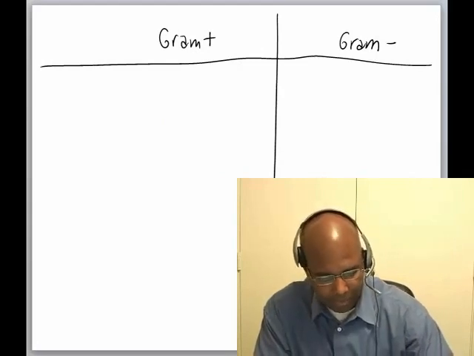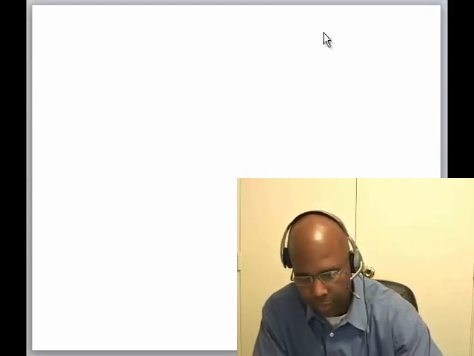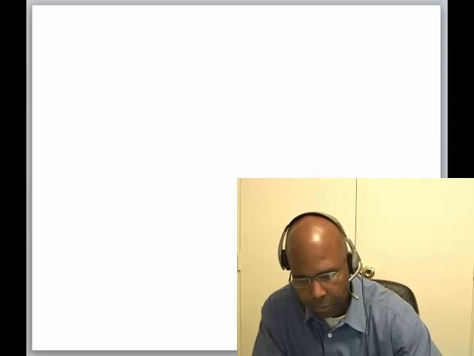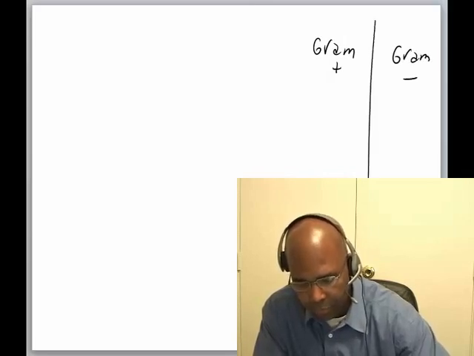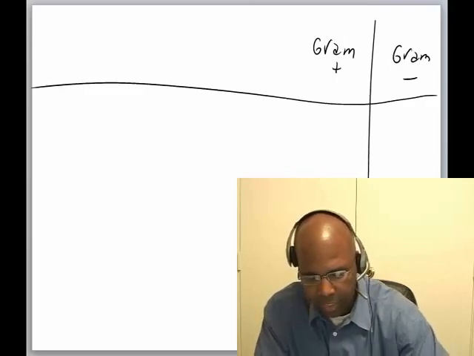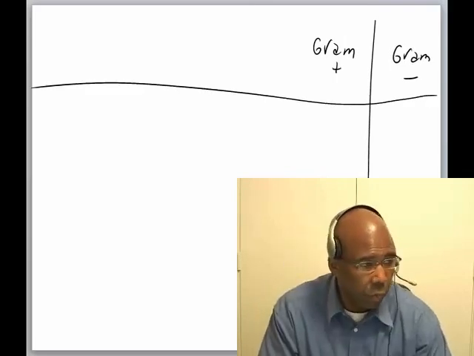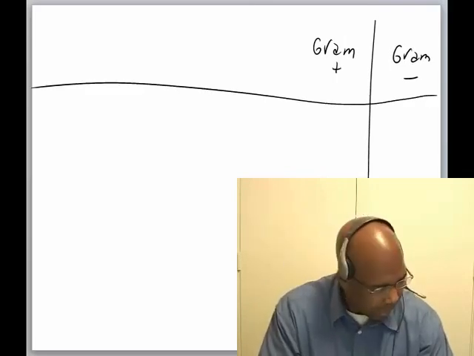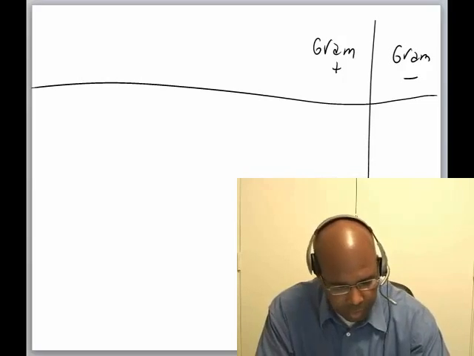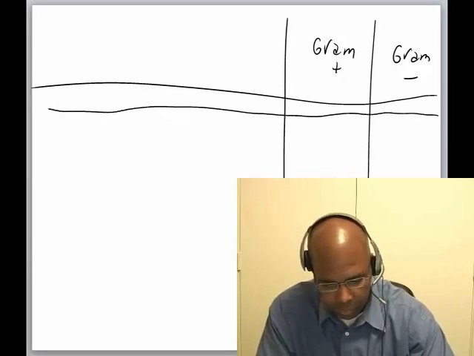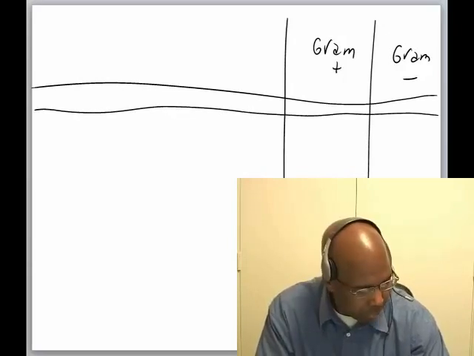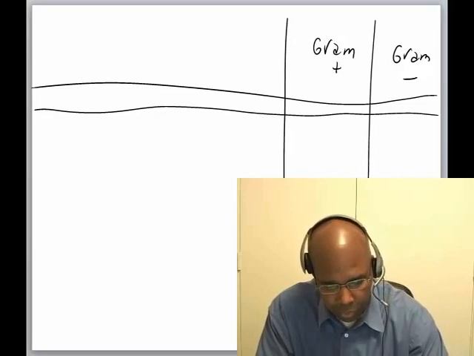I'm going to put gram plus and gram minus, because I don't need much space for these, but we'll need a lot of space for the one on the left here. The first thing we're going to look at is multiple peptidoglycan layers. We'll look at that first.